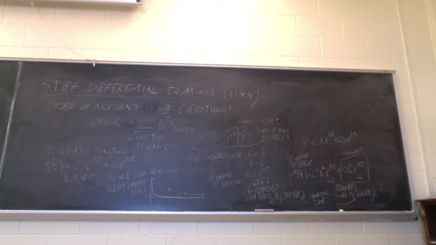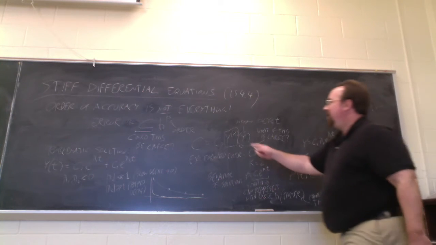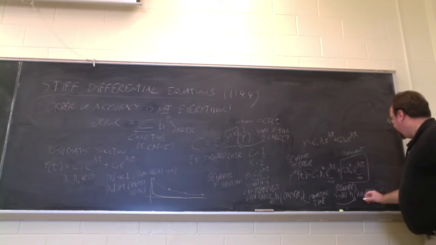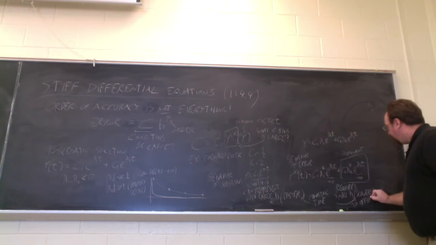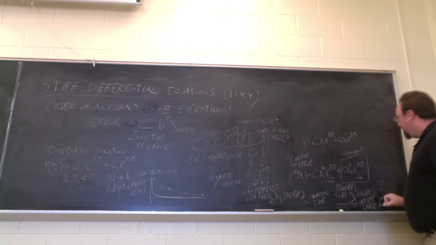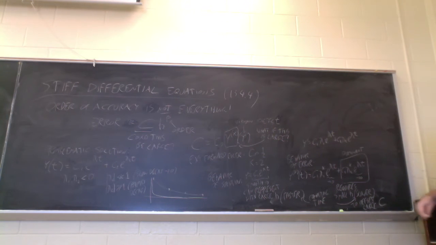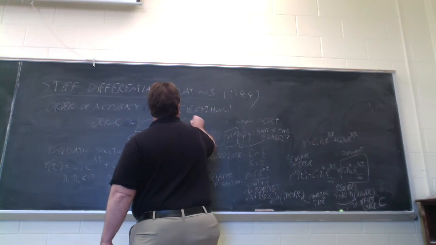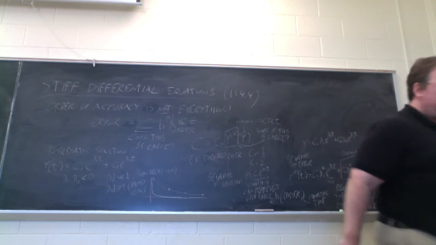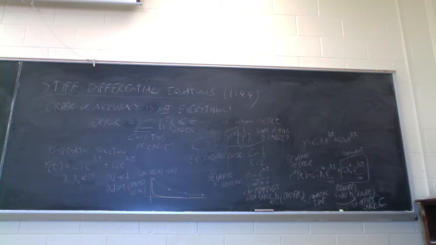And why did we say it required a small h? To offset the large constant c in there, because you want this bounded by some chosen accuracy threshold.